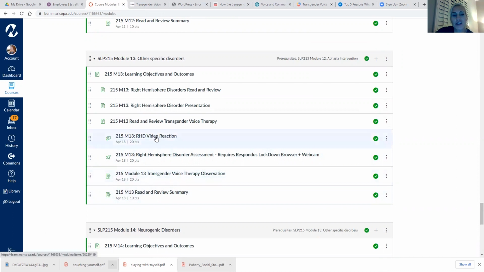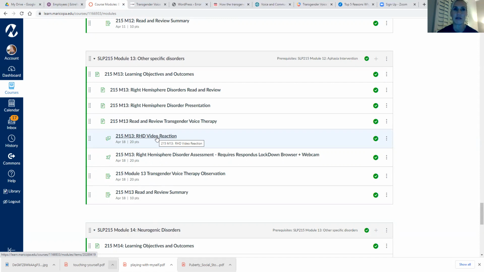Right hemisphere, you're going to start to see more of. If you're interested in adult rehab, I think we're going to see more people referred for a right hemisphere disorder than we ever have in the past. The nice part is, with better brain imaging, now I think it's protocol that they give you a CAT scan or an MRI if they have any concern.